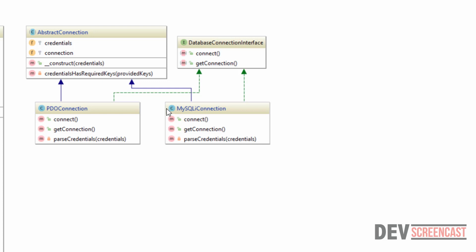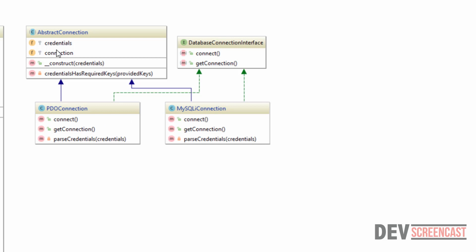This interface is going to enforce two contracts: one is a connect method and the other is a get connection method, which means that no matter which type of API we're using to connect to the database, it should be able to connect and also be able to return that connection back to us. So the instance of that connection would be returned wherever we are going to use it.